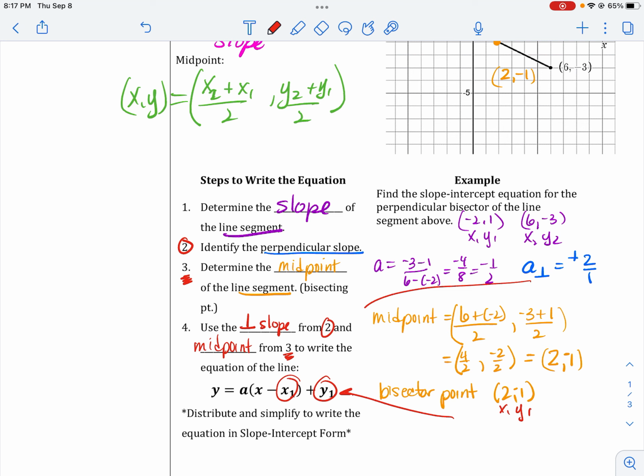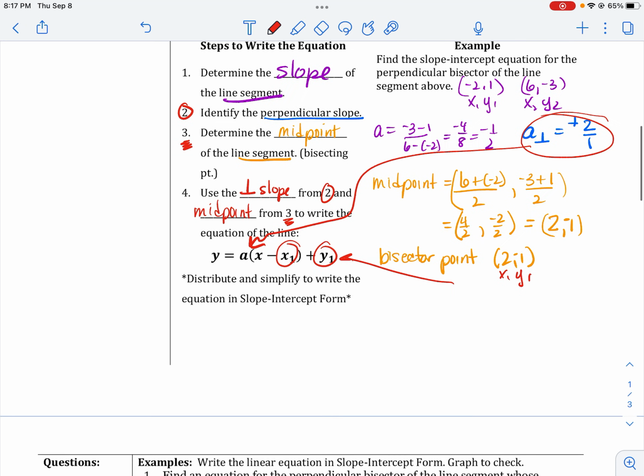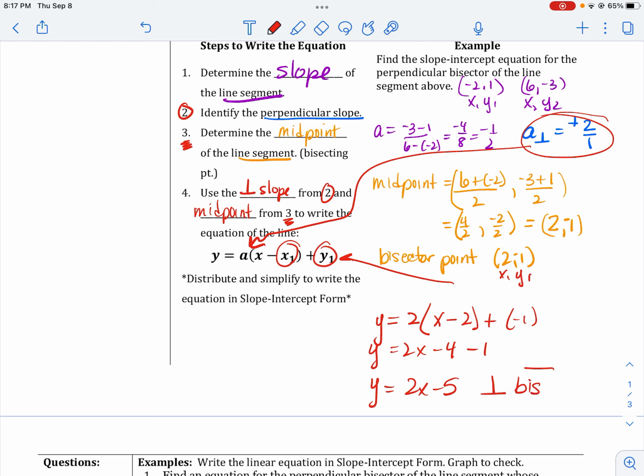The slope that I'm going to use is my perpendicular slope. So then we have y equals 2 times x minus 2 plus -1. And then we solve. y equals 2x minus 4 minus 1. y equals 2x minus 5. That is my perpendicular bisector.